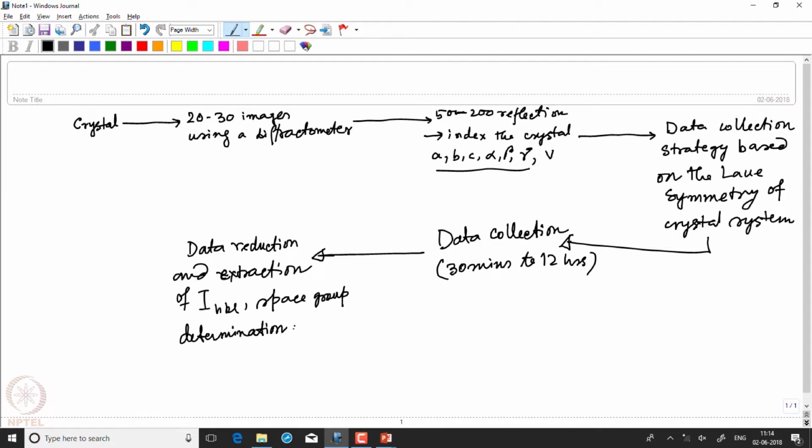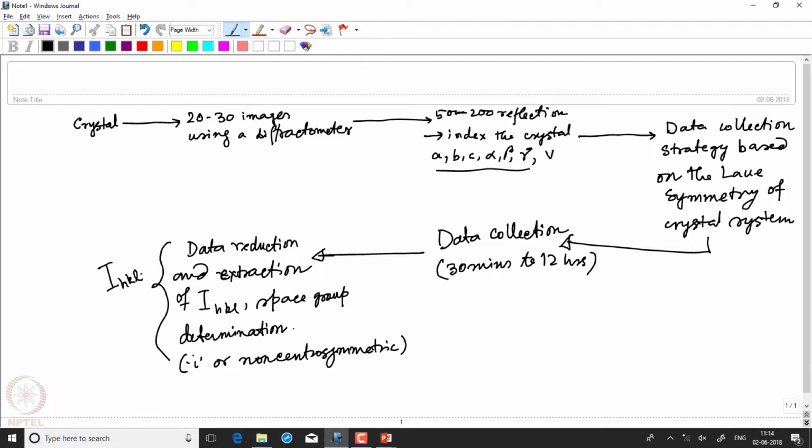So when we have determined the space group, we then identify whether it is centrosymmetric or non-centrosymmetric crystal structure. So now what we have in this data is just the values of I(hkl).